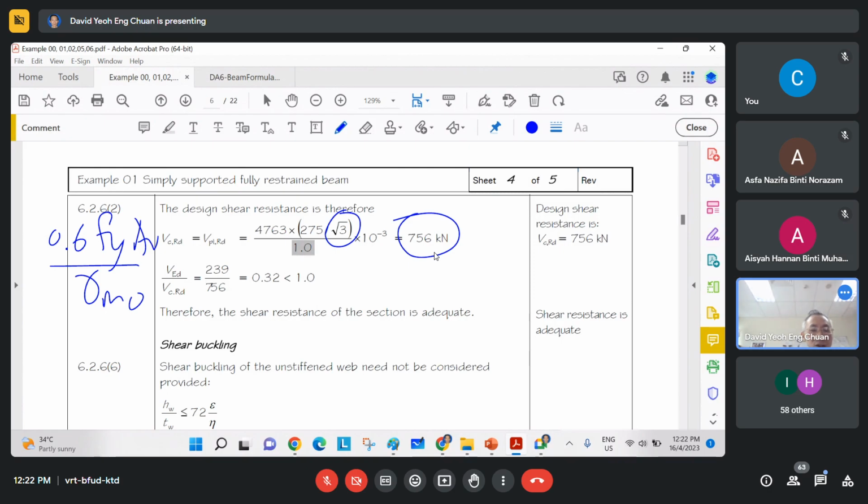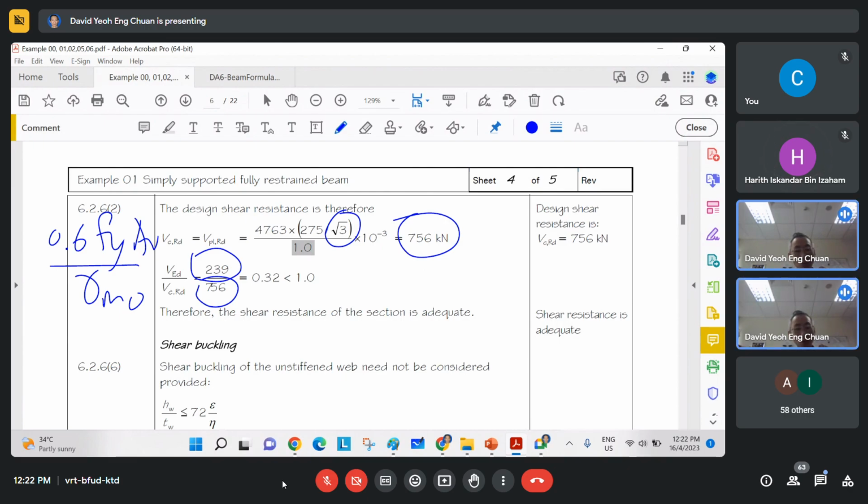Now take note, the demand is 239. The resistance is 756. Do you not think it's a bit too over? Yes, doctor. It is a bit too over, but there is a reason for it.